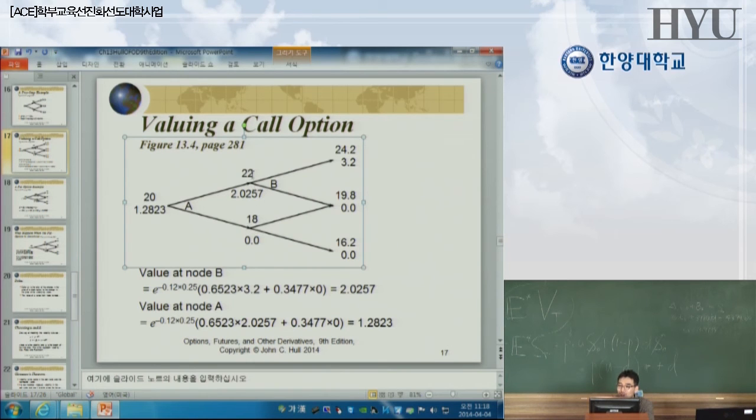So again, we calculate the expectation between this and this, multiply this one with this probability, and this one with this probability, and again discount it back, and then we get the derivative price, which is 1.2823. Very easy, right? We just repeat this 3 times, and then the computer does that work.